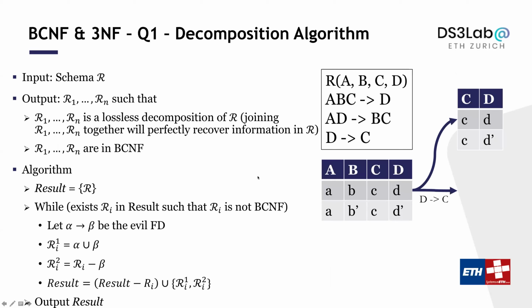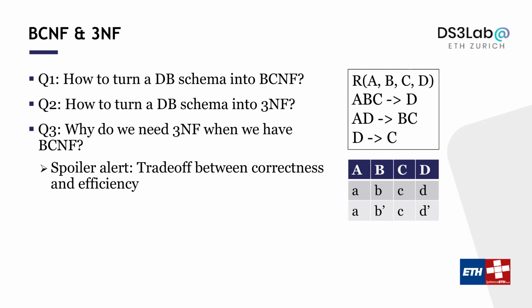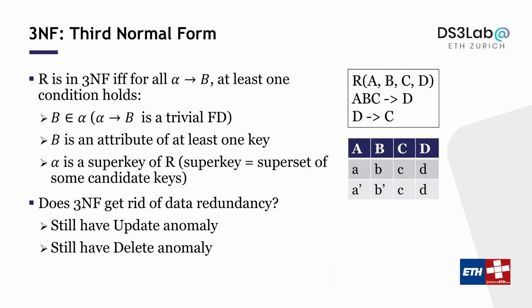The one before just didn't have the last FD, like D to C. And someone asked why D alone cannot be a key.